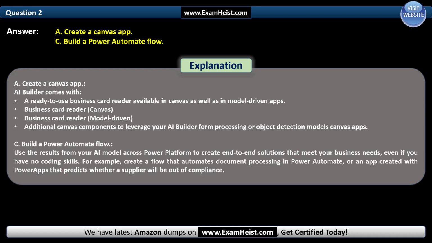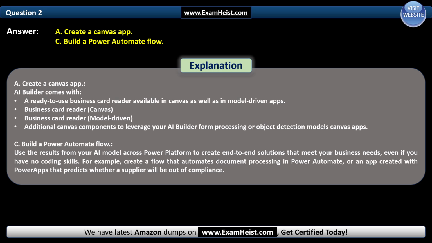About the options: A. Create a Canvas app. AI Builder comes with a ready to use business card reader available in Canvas as well as in model driven apps, additional Canvas components to leverage your AI Builder form processing or object detection models.